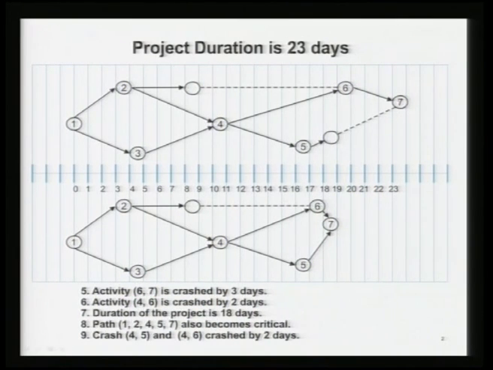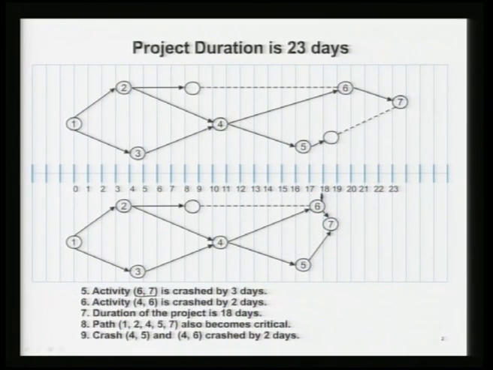And so, now I need to crash activities which are common to both the paths or which will reduce the path length of both the critical paths, then only the project duration will get reduced. So, you see that activity 6,7, because this has the smallest rate of crashing, is crashed by 3 days, and activity 4,6 is crashed by 2 days. And so, the total duration therefore gets reduced by 5 days, and so the project duration is now 18 days.